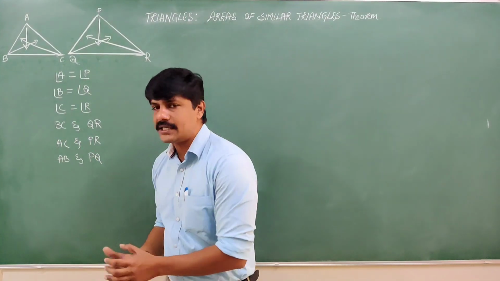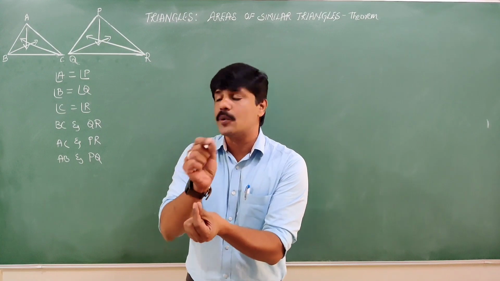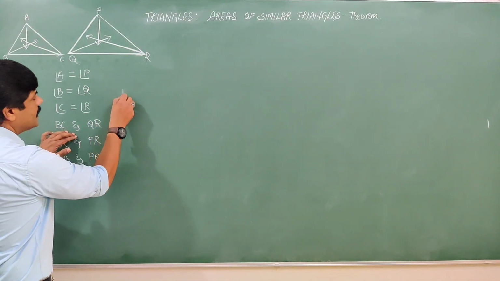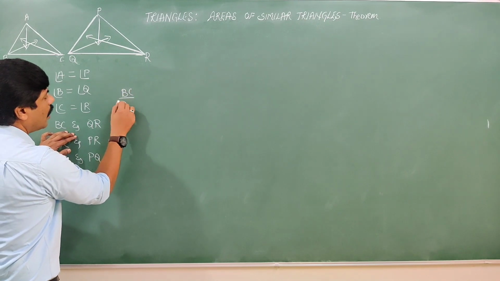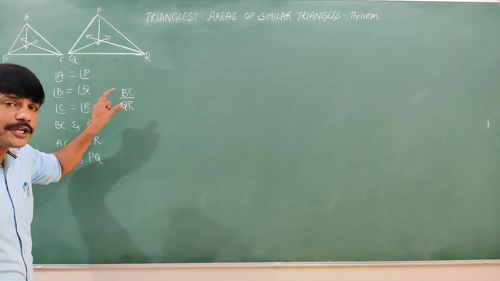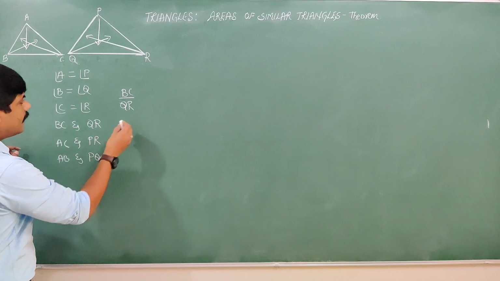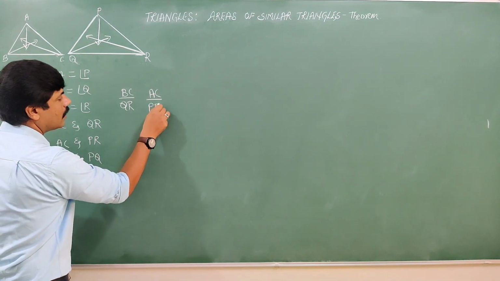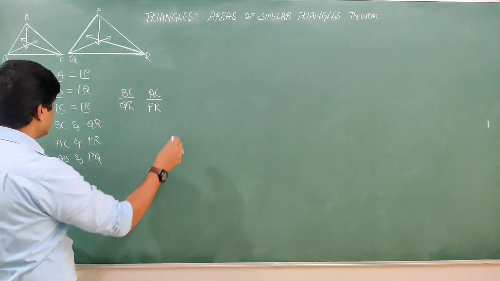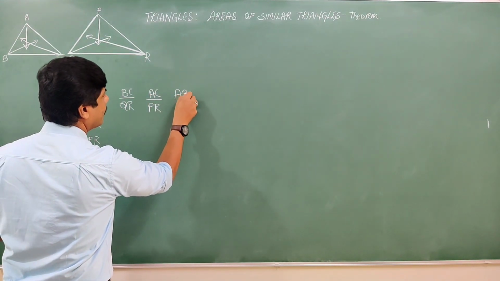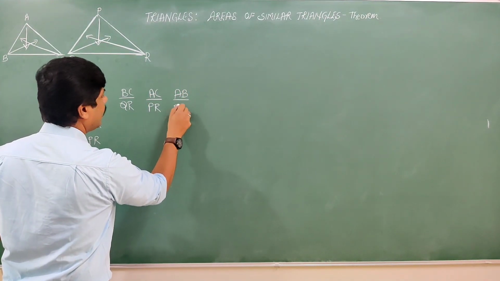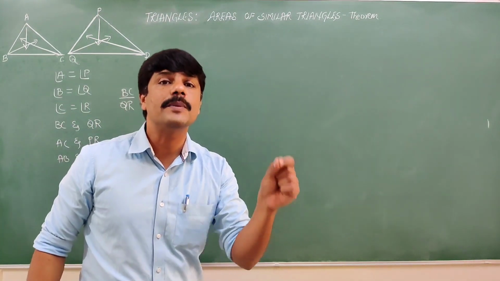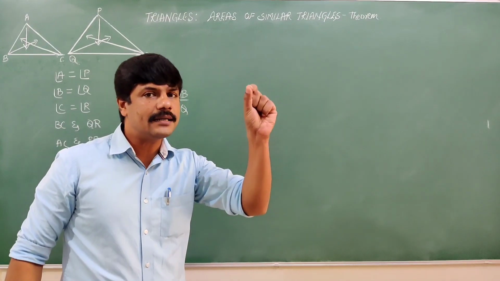Once you know the corresponding sides, we take the ratio of the corresponding sides: BC by QR, then AC by PR, and AB by PQ. What must be true of these ratios? They must be equal. Understand?